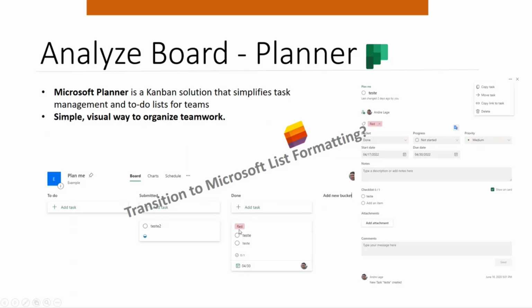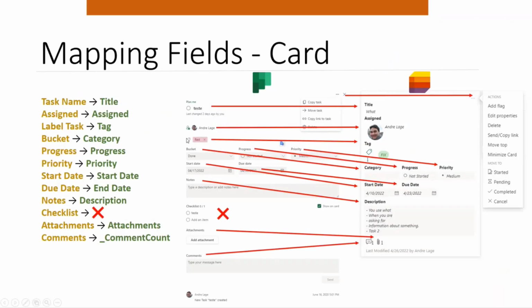As defined before, I went to Planner, identified what is there and what is really good, and decided this is something I can improve, reuse and adapt to my own needs in the list formatting. One is the board itself, and the second is the card itself, which I want to display every time I want to visualize and define. So I picked the metadata and made a mapping of how it will be represented in the list.